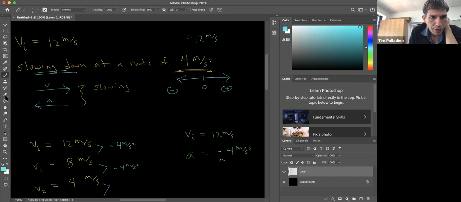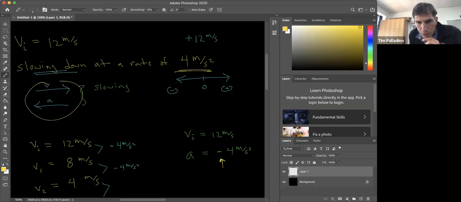And this is why we actually draw the vectors, to determine this sign. To know what sign the acceleration is, we have to look at these vectors.